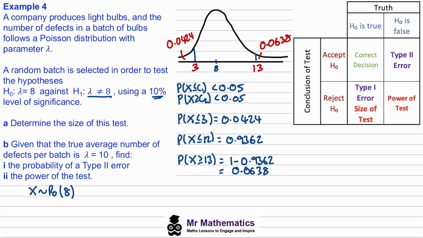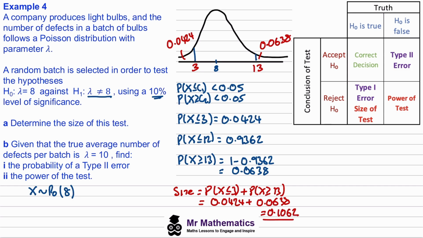So the size will be the probability of x being less than or equal to 3, or the probability of x being greater than or equal to 13. So we'll add the 0.0424 and the 0.0638, and we get the size of the test as 0.1062.